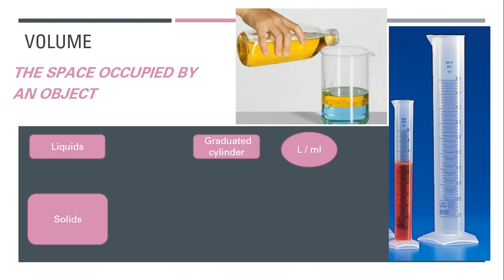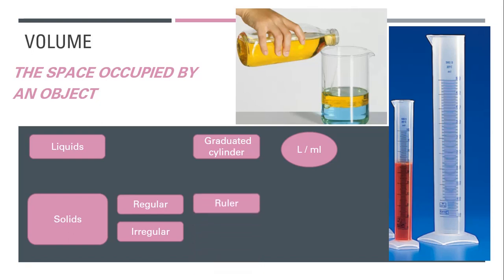But for the measuring cylinder, it's only milliliters, or you can call it centimeter cube. Now, when it comes to solids, we have two scenarios. Either the solid is a regular shape, which means that it has regular or definite dimensions, so you can easily measure it by using a ruler.